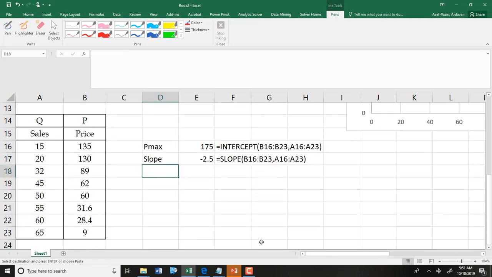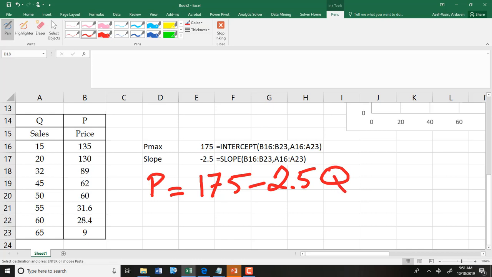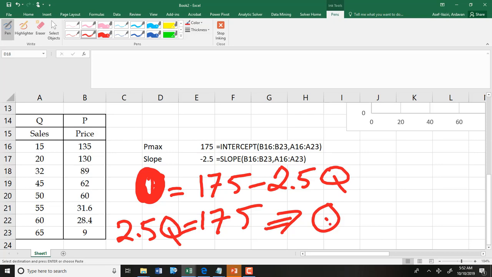And the maximum that I can sell: P is equal to 175 minus 2.5 Q. If I set price equal to 0, then 175 will be equal to 2.5 Q. Q is 175 divided by 2.5.